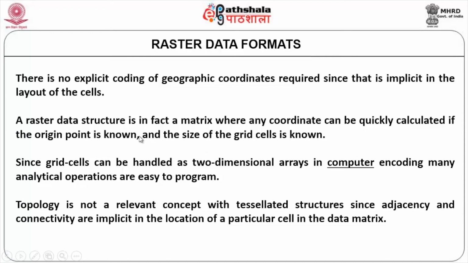I was telling you it is a matrix where you can easily get the coordinate of any cell, because the origin of the grid is known. Once you know that, that origin can be given a value of xy, that could be your latitude and longitude, or that also could be your easting and northing data.